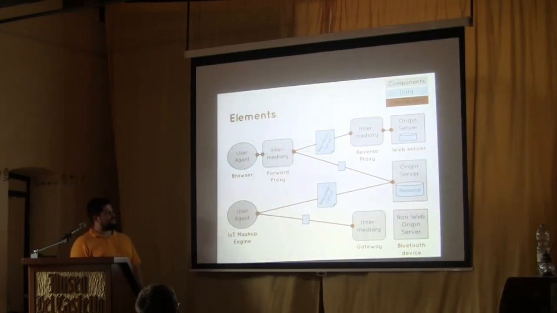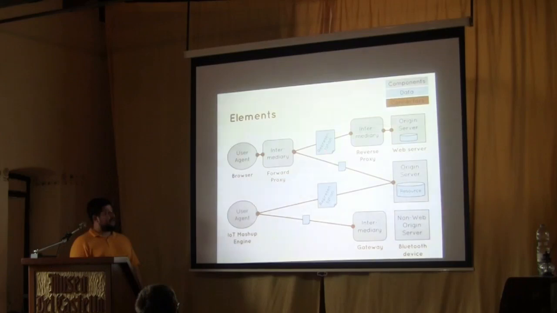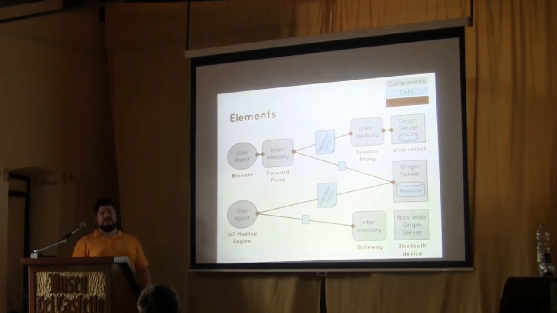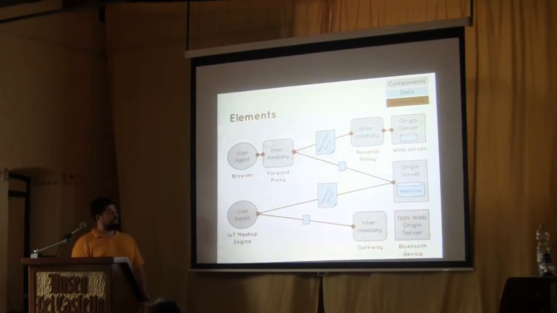You connect those with, as you will see shortly, this client-server model, and what you send around is representations, and these representations belong to resources you have. So the data model is that you have resources in these origin servers, and you use representations of this state to send around.